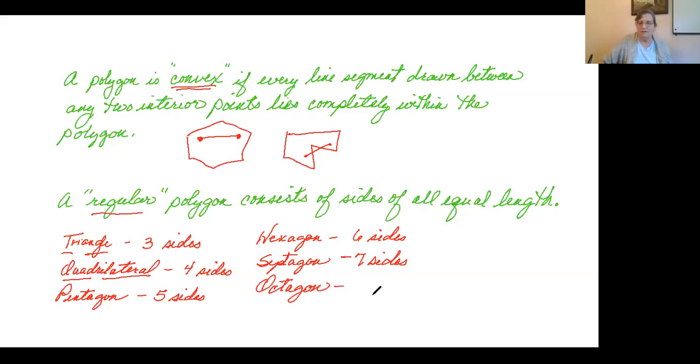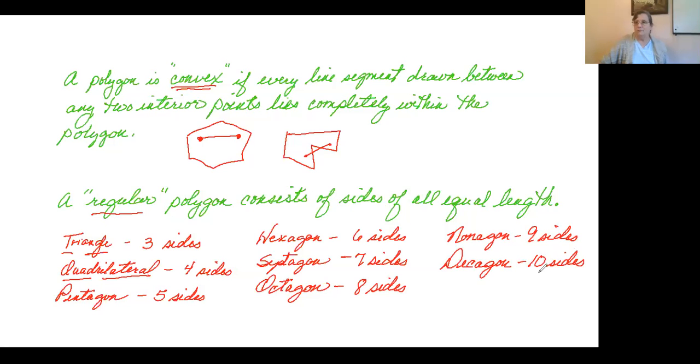Octa means 8, like an octopus. A nonagon has 9 sides, and a decagon, as I mentioned before, has 10. Deca means 10, like a decade is 10 years.